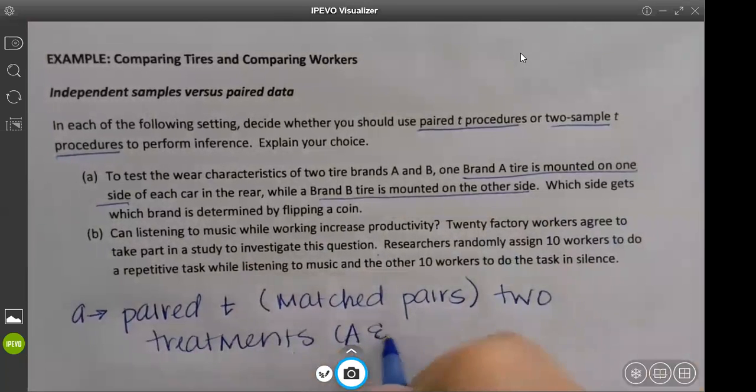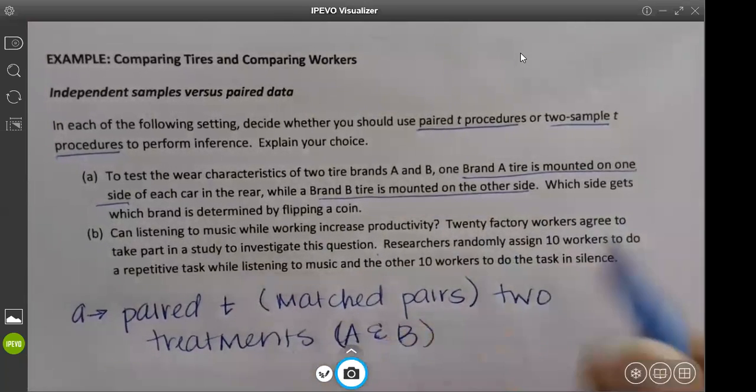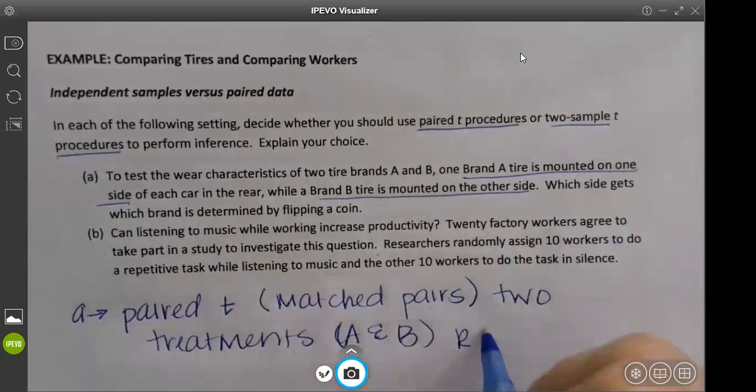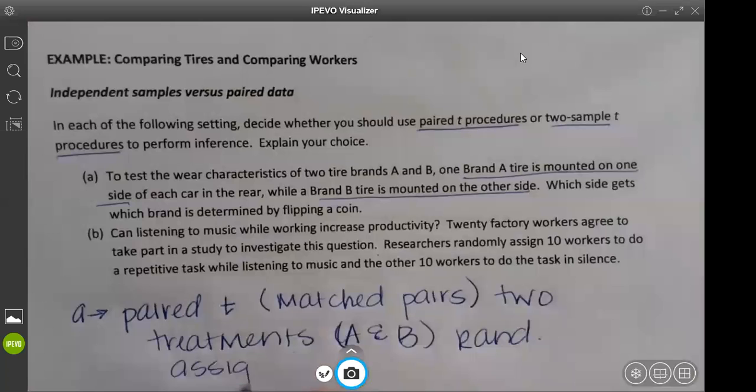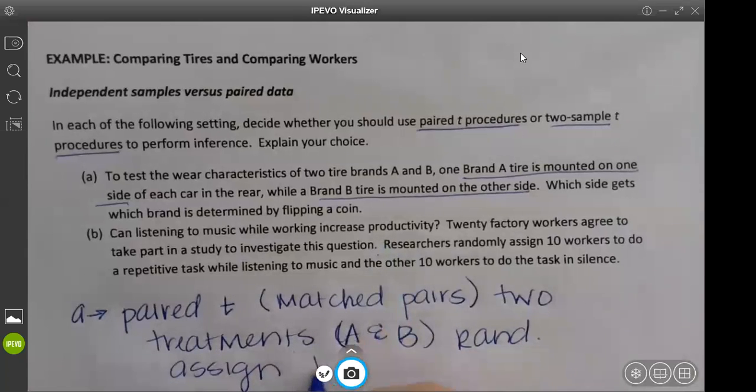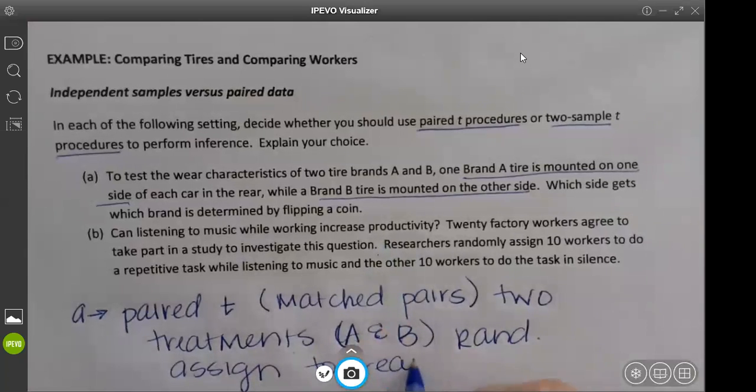And those were tire A and tire B. And then they randomly assign to rear sides.